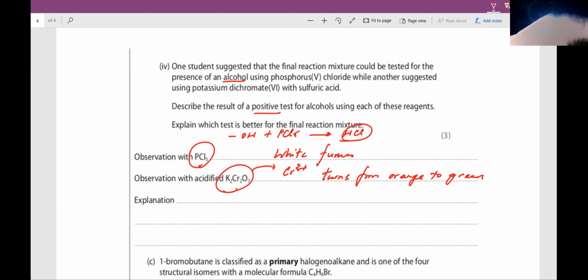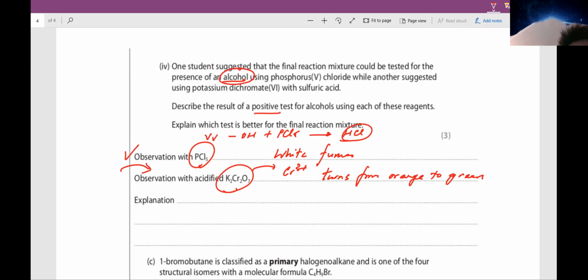Which test? Now I will say this one is better, because if you use this one, it is restricted to primary and secondary alcohol. If the alcohol you're testing is tertiary, then it cannot be oxidized because it's resistant to oxidation. Tertiary alcohol cannot be oxidized, so it will show a negative result. But right now the question is asking you to test for the presence of alcohol only, regardless of the degree of alcohol.